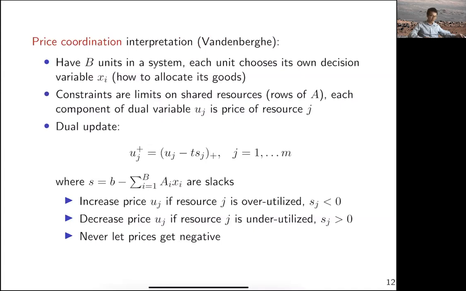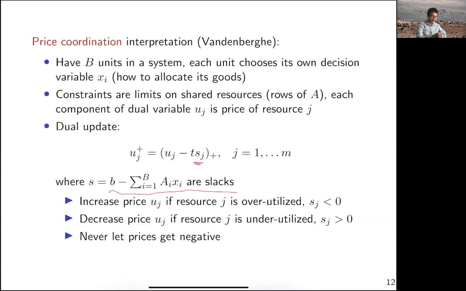So in this case, you can think about this dual update as subtracting the slack. The sj are the slack, like how much you still have on one particular resource, where you can still increase the demand. You can still increase the expenditure on that particular coordinate.